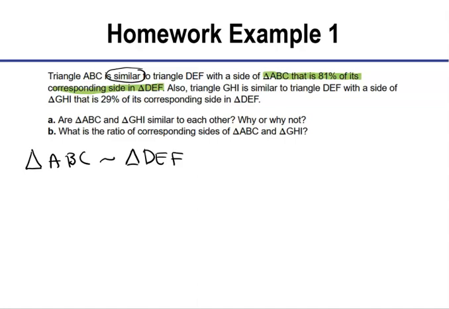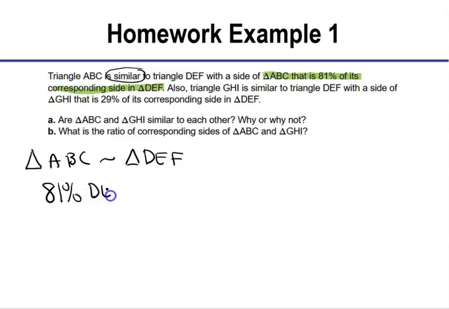I could say that ABC is the smaller one. Okay, so 81% of triangle DEF equals triangle ABC when you're just talking about corresponding sides. So I'm going to write something that looks a little weird, but it's going to be 81% of triangle DEF.